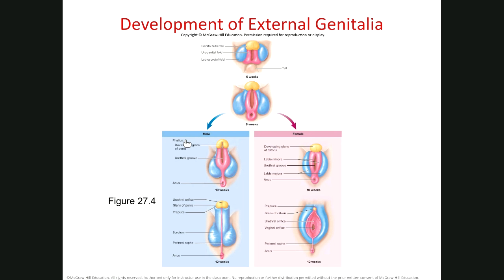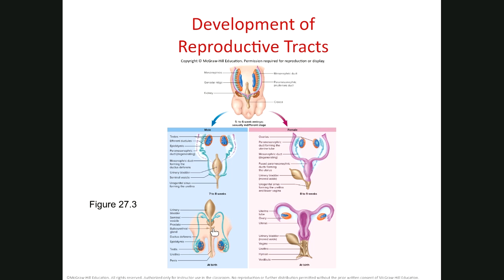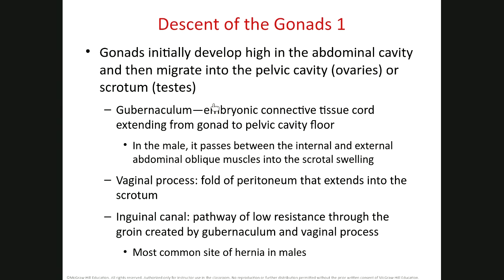The glans penis, urogenital fold, and that all came from the development of the male. The gonads for the male and female descend. Both of them descend. The male descend further.